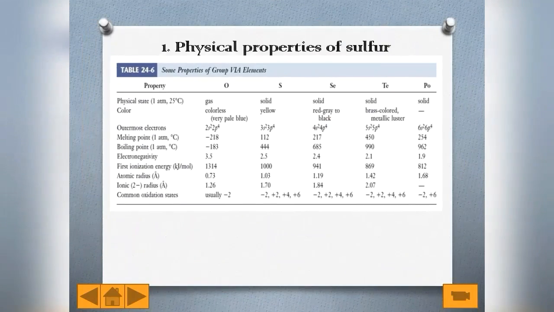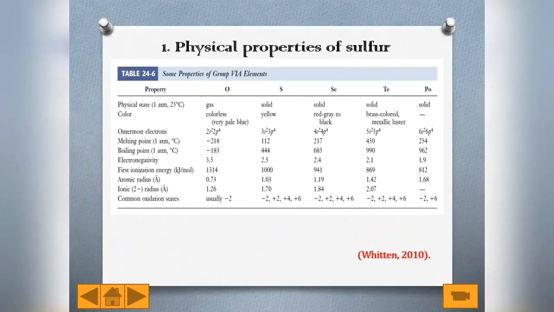From this table, we can see the physical properties of group 6A in RTP condition. The properties of oxygen are not very similar to those of the other group 6A elements, because the properties of elements in the second period usually differ significantly from those of other elements in the group, and second period elements have no low energy d orbitals.